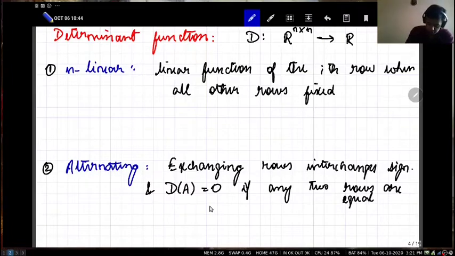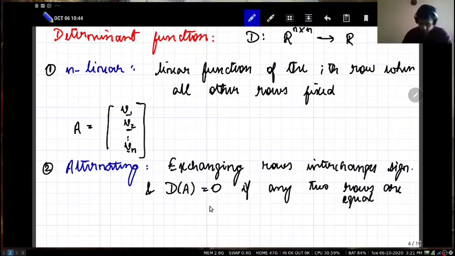Let's assume that you have a matrix A which has rows v1, v2 up to vn, right?